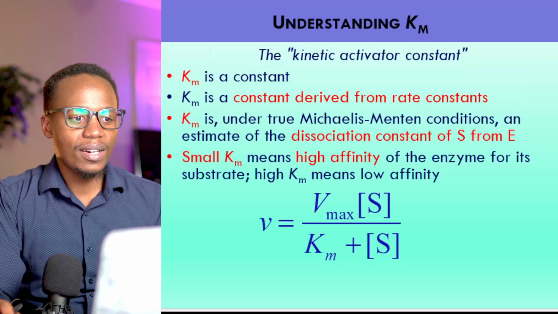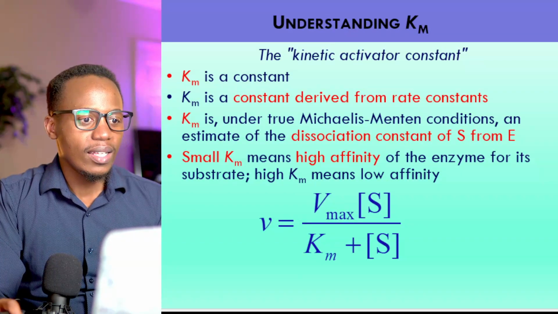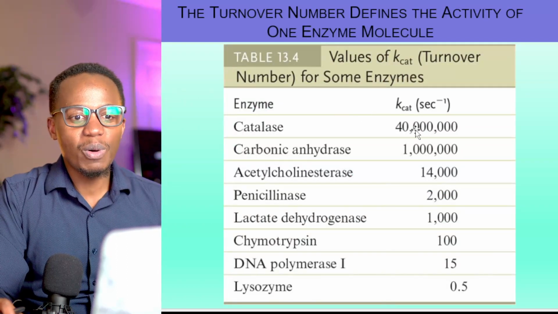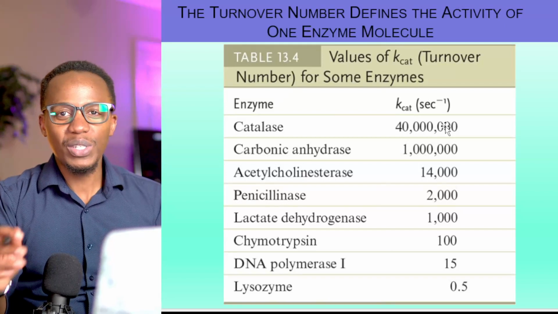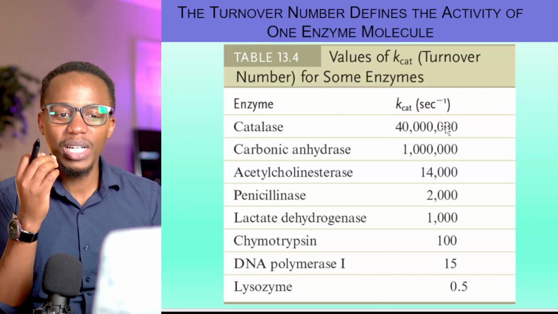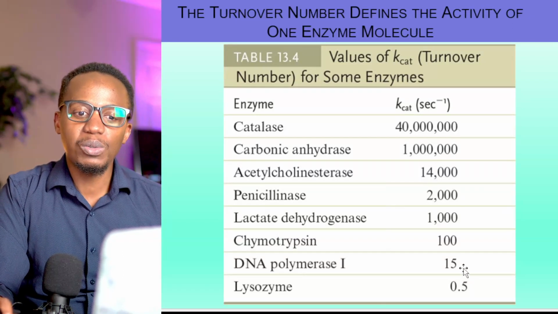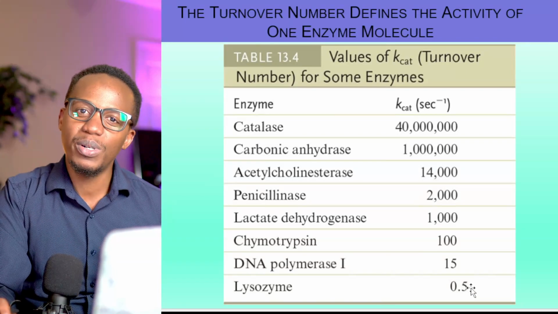So that's the turnover number or catalytic activity. Enzymes have turnover numbers up to 40 million per second. If you can imagine 40 million per second, that's a lot of molecules. It's even hard to imagine that an enzyme can do that. But also you have slower enzymes that have even less than 1 molecule per second.